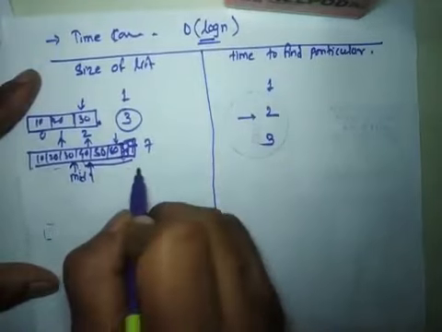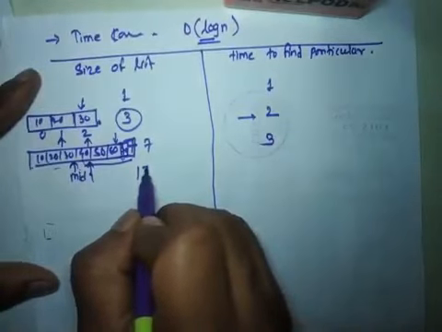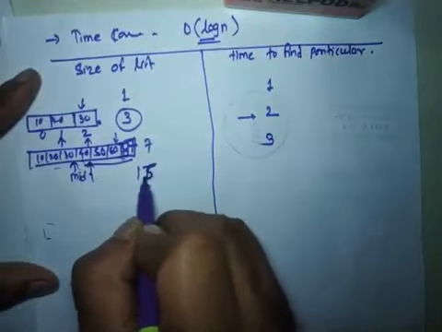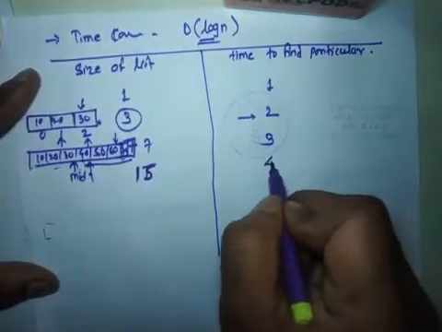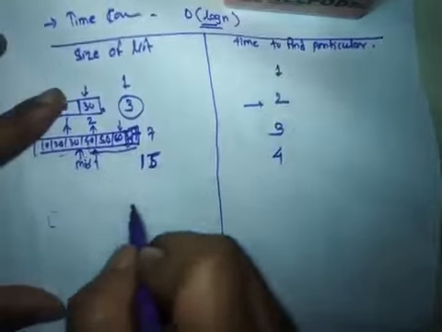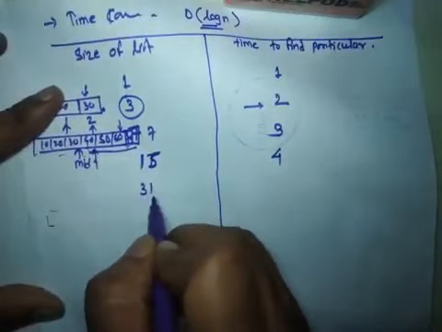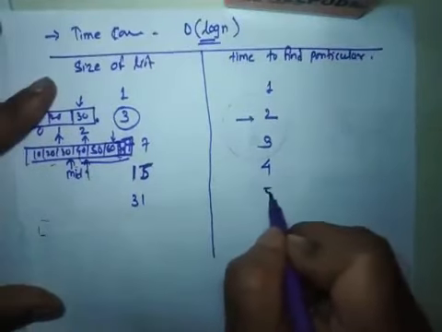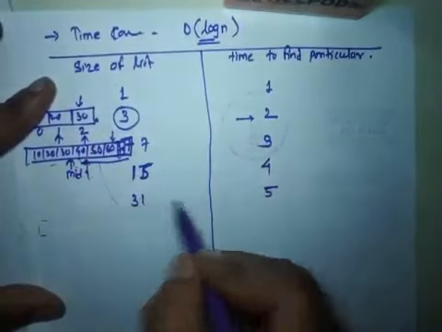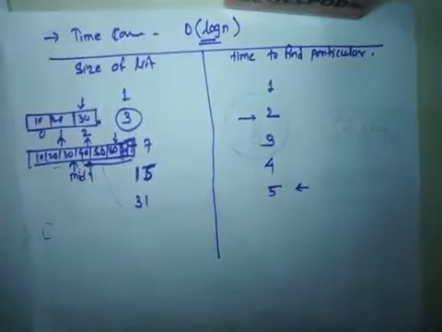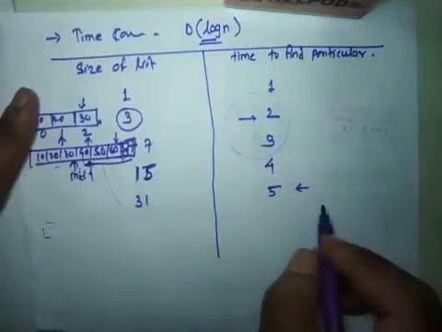Now suppose your array has 15 elements, so it will take 4 iterations. Suppose your array has 31 elements, so it will take 5 iterations only. The number of elements is increasing, but the total number of iterations is not increasing that much.